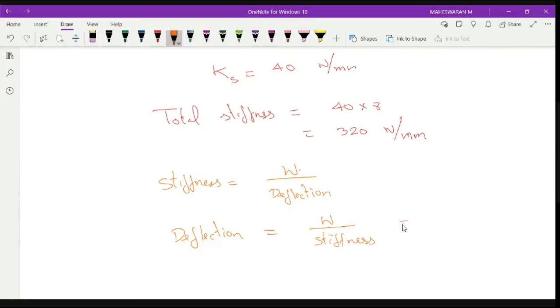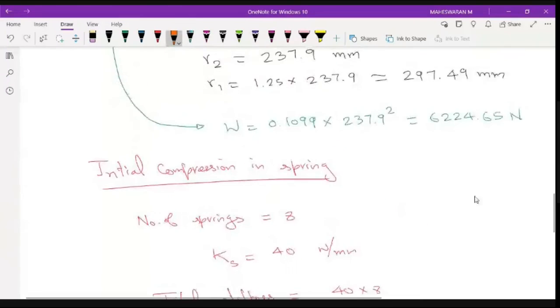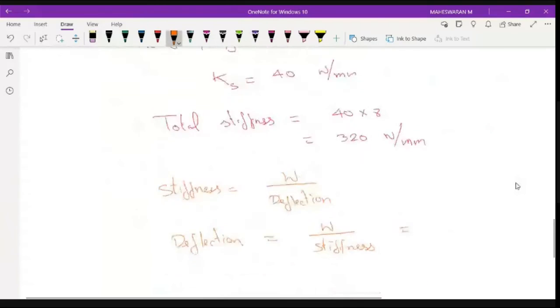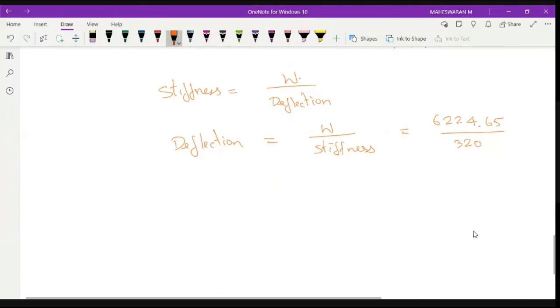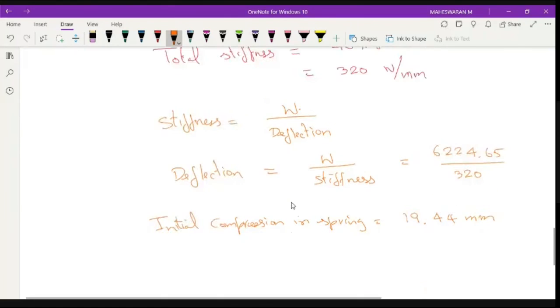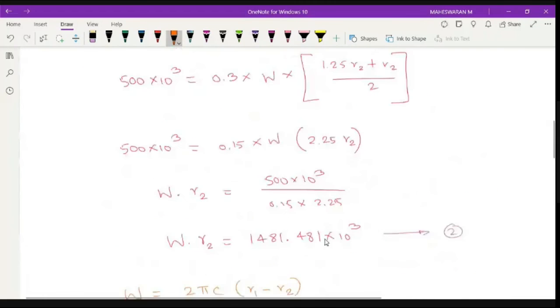You know what your force is. So force is 6224.65 divided by your stiffness 320. Right? What is the deflection? 19.44 mm. Right? This is the initial compression. So that is what they are asking, and that's what we identified.